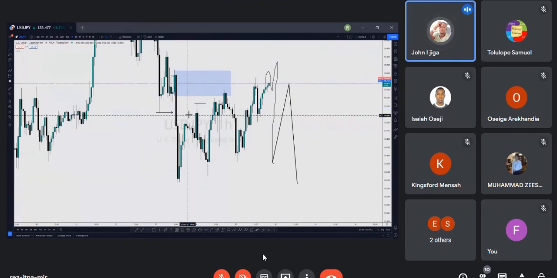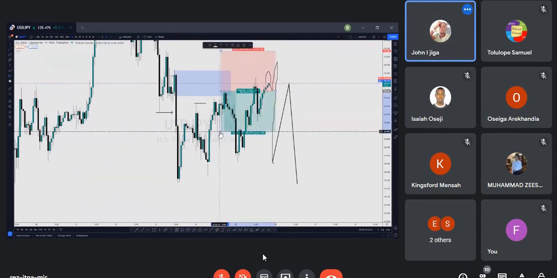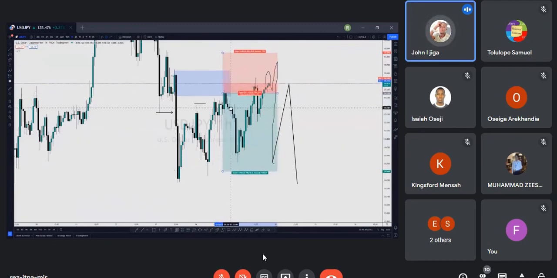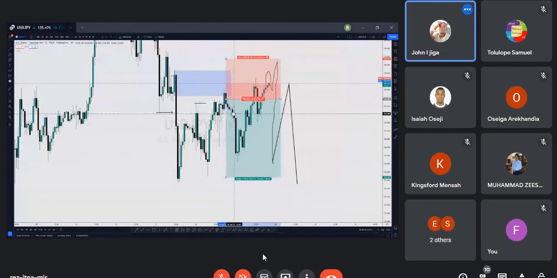So this would be my inducement, the reason why we pay attention to this. Price creates this inducement, which is also a weak high because it fails to take out the low, and then returns into a POI and gives us an entry, which is this. Using the lower time frame confirmation, you would practically be in this from this end.